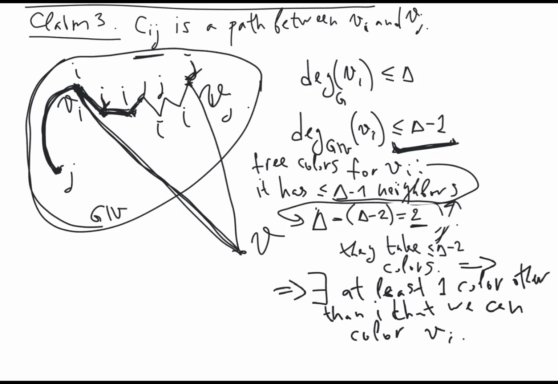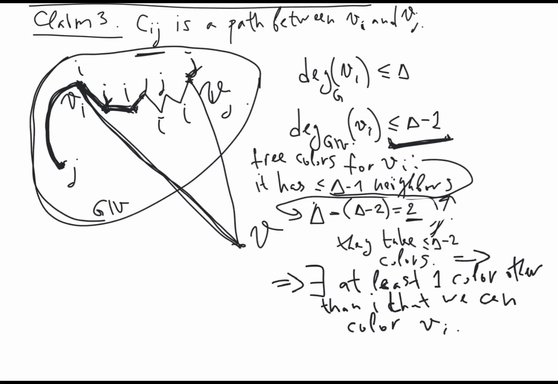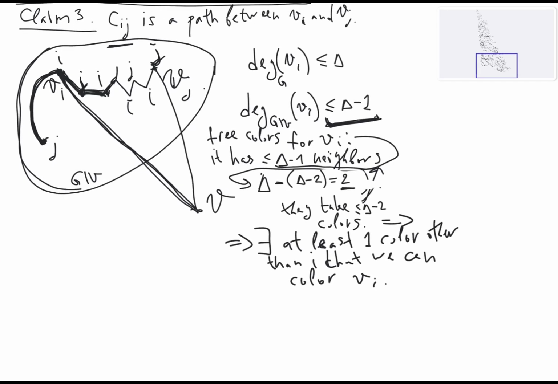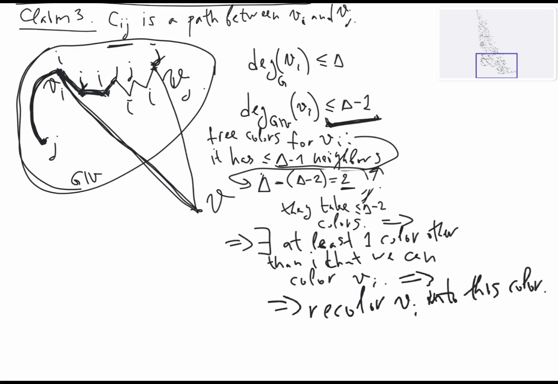So let's recolor Vi into this color. Then Vi would be the same color as one of the other, Vk, let's say. So this would be a contradiction to claim 1.